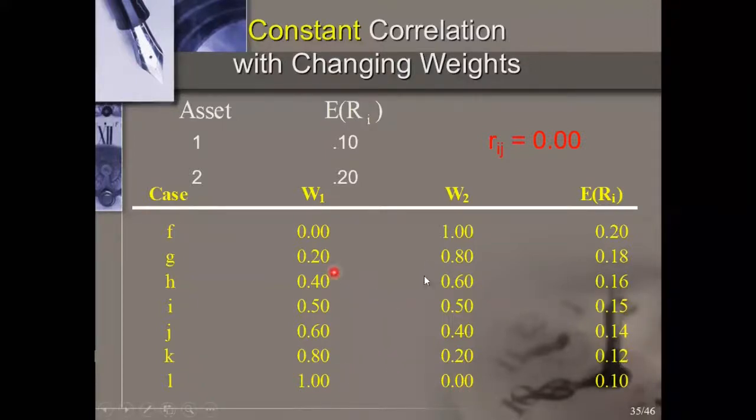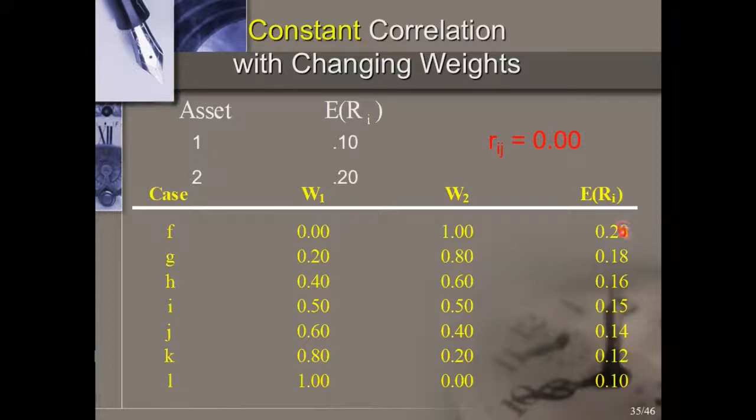So these are the different situations with which we were trying to understand how these weights impact our portfolio risk. Does the weight affect our portfolio risk or not, whenever there is zero correlation, or we say whenever the correlation is constant?